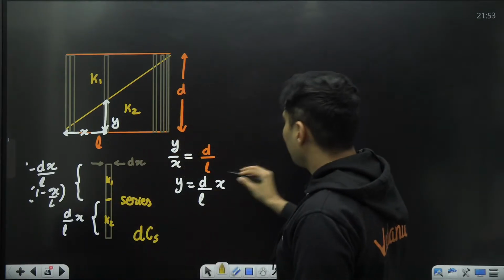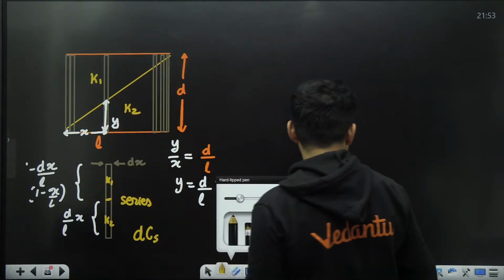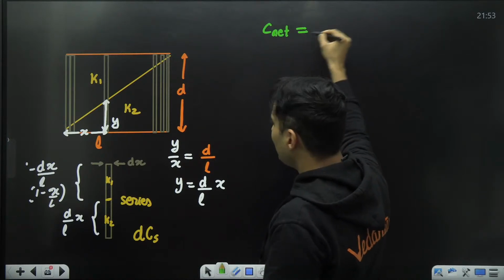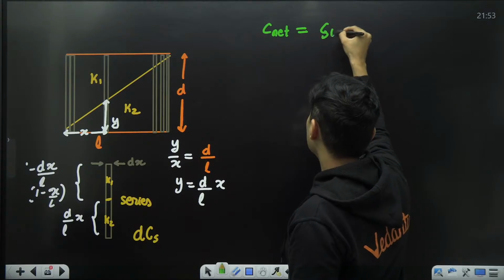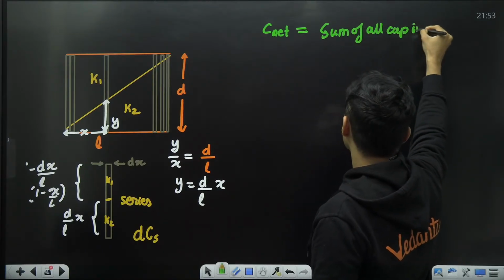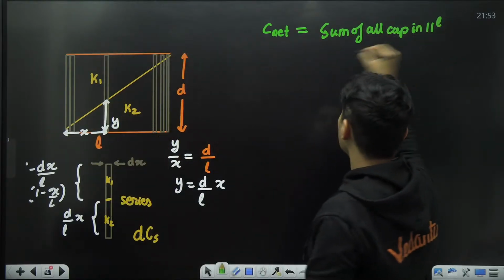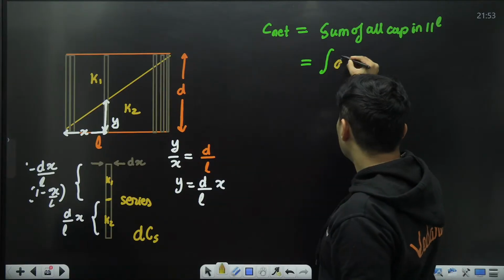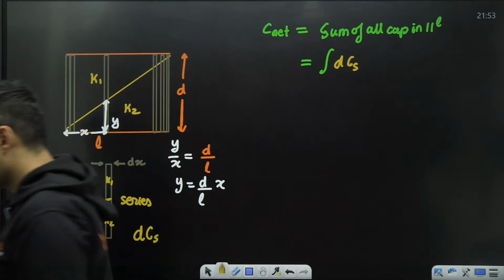Okay. And then many such capacitors are there side by side. So therefore, the net capacitance will be the sum of all those capacitors. So the sum of all the capacitors in parallel to each other. All these are side by side to each other. So sum means integration. So integration of all this dC. So when you do it, you will get the answer.